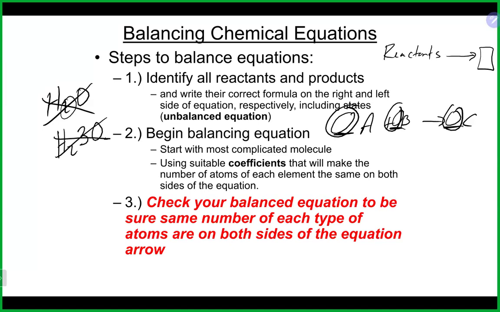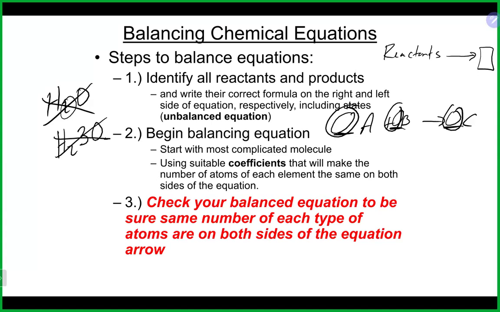That's probably fairly easy to balance. You probably want to save situations where you have an element on each side, but that element's in multiple things on each side, because there's a lot more going on with that, for the end.